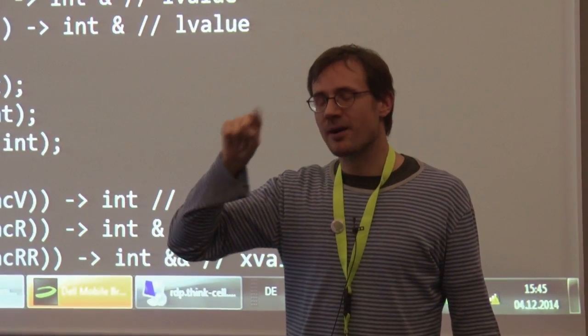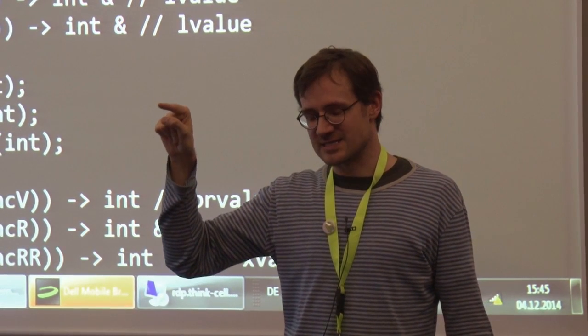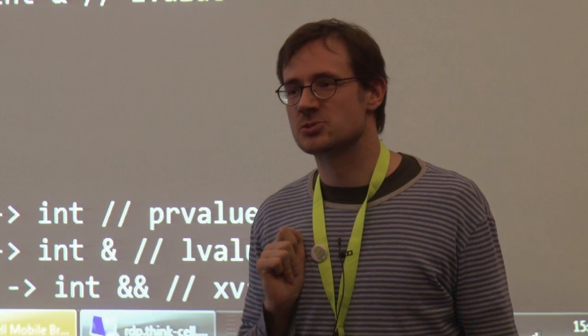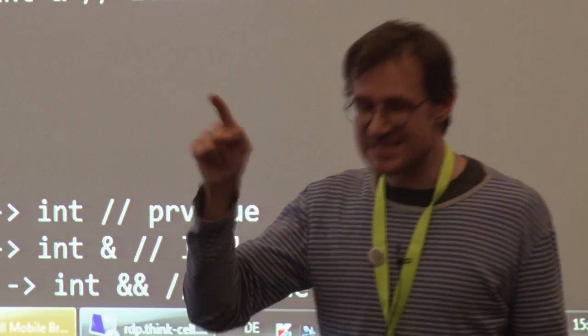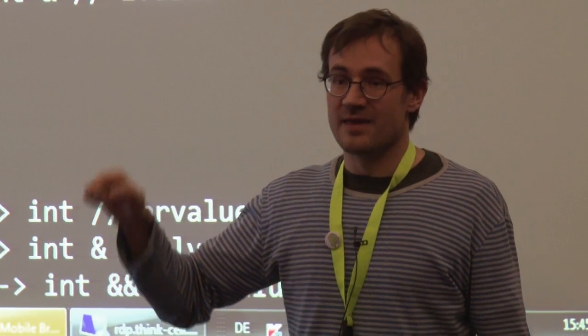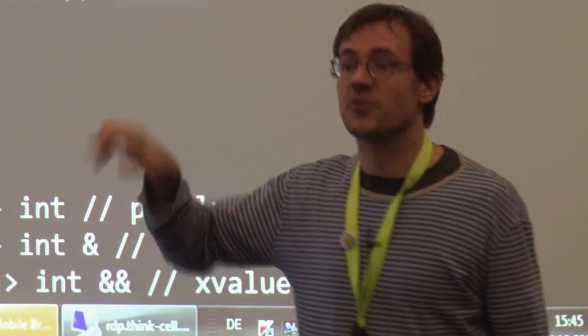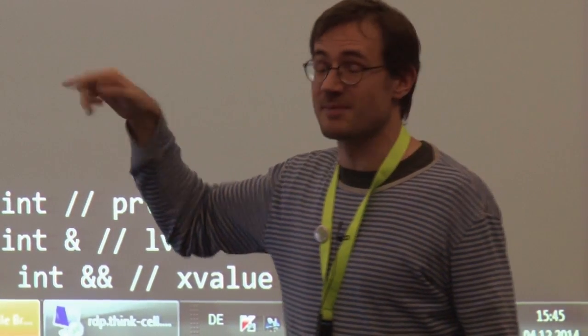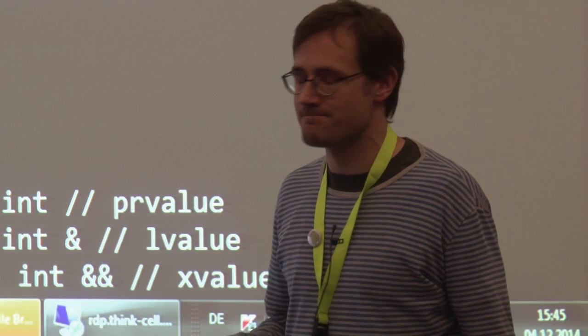Then if I would pass it to a function that takes a vector rvalue ref, what happens to my vector that's behind this reference? Well, I passed it to a function that takes an rvalue ref. This function was free to throw away the content of the vector. It was free to destroy the content of the vector because it takes a vector rvalue ref. It basically assumes, hey, this is something I can throw away.